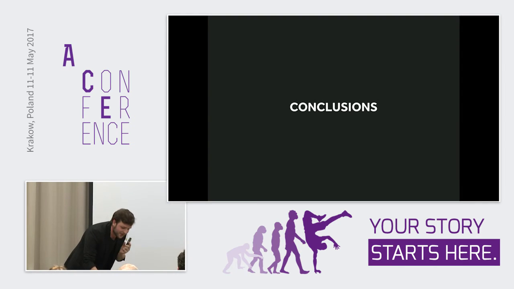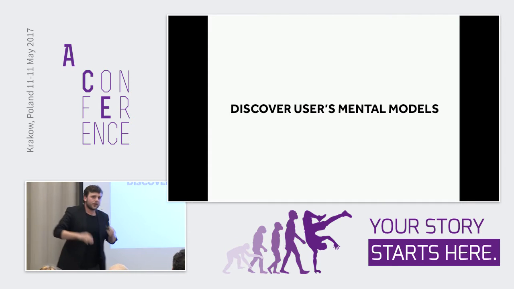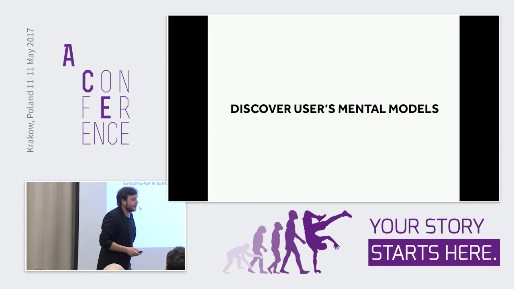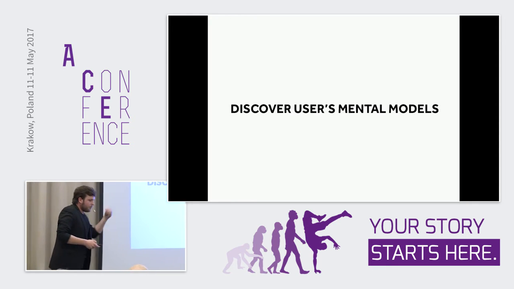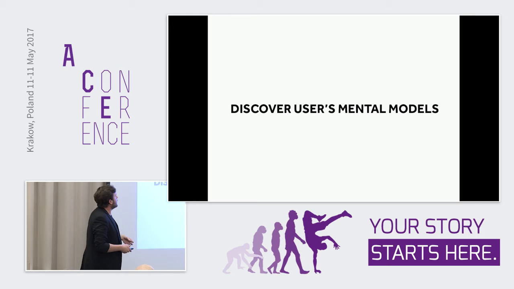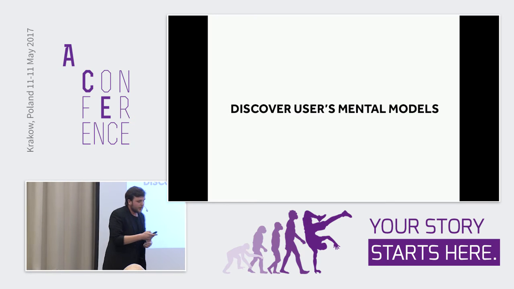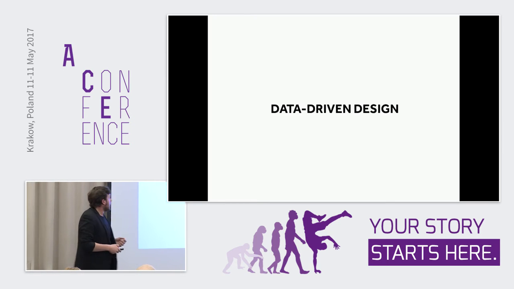So, to sum up a little bit, the first thing we should do is to discover the current mental models that our users are aligned to. This is our point from which we can start, and we can think about our further steps.